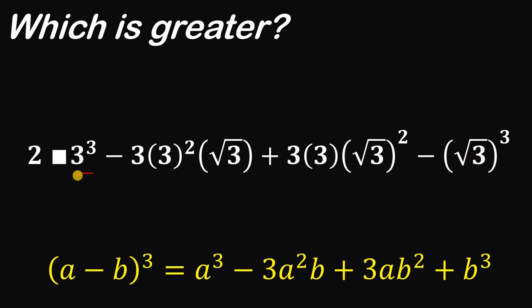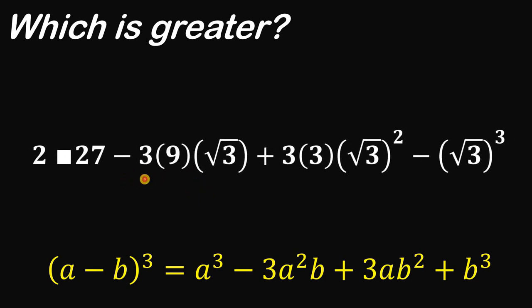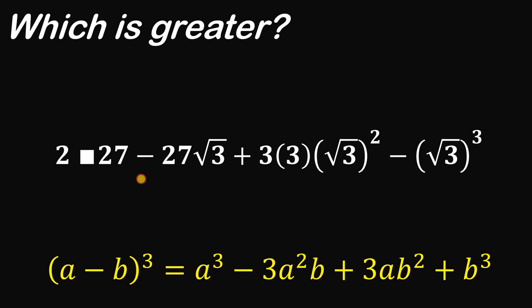Now let's simplify. 3 cubed, 3 times 3 times 3, gives us 27. 3 squared, 3 times 3, gives us 9. And negative 3 times 9 times the square root of 3 gives us negative 27 square root of 3.